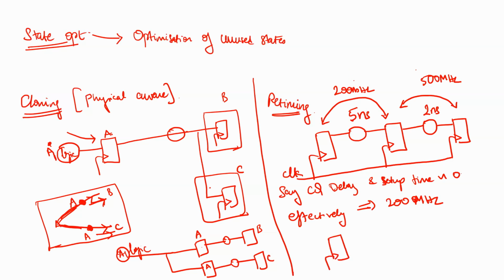Now let's say I do something like this. Some portion of the logic here, I shift it here such that this is around 3.5 ns. So overall combinational delay is 7 ns, right? So now I'm splitting the logic more equally. This is 3.5 ns, this is also 3.5 ns. Or let's say I may not be able to slice it exactly 3.5 ns. Let's say this is 4 ns and this is 3 ns now.